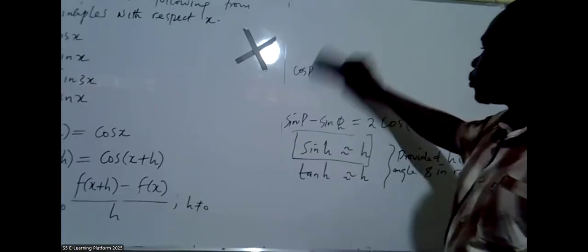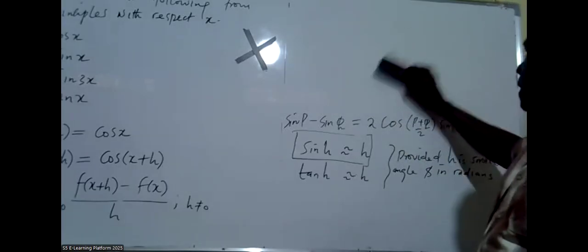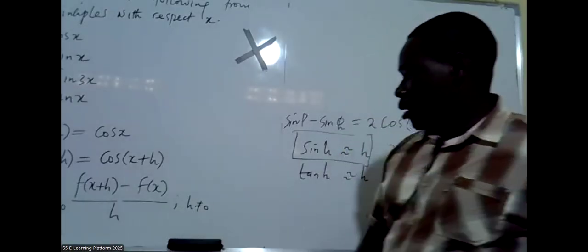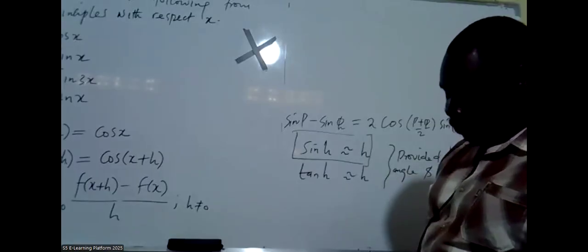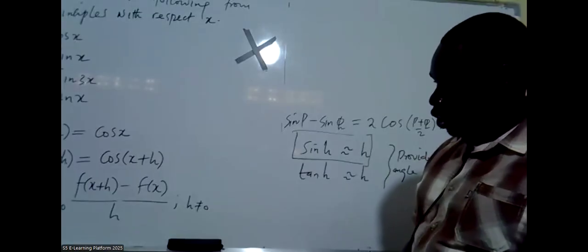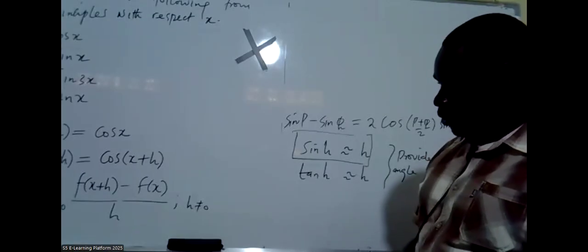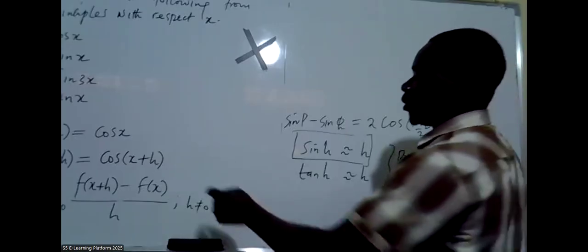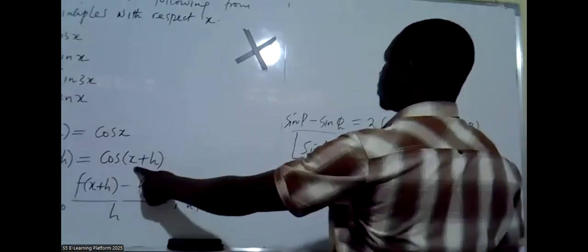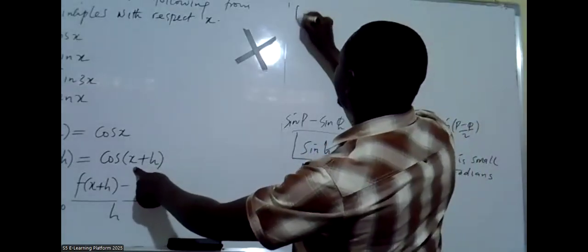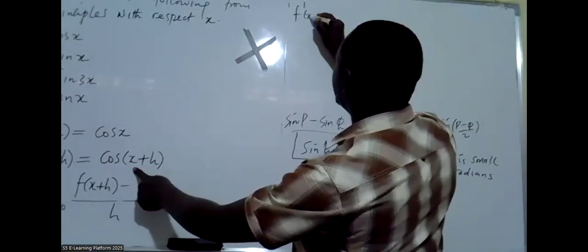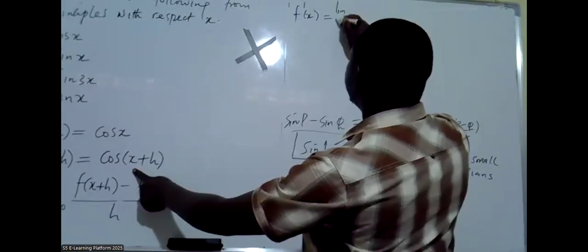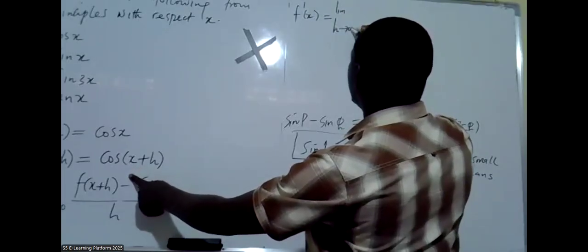Okay, if you are done, I now proceed to my formula. We said f dash of x is equal to the limit as h tends to 0 of f(x plus h) minus f(x) divided by h. Now replace your f(x plus h) with this one. So I'll have f dash of x is equal to the limit as h tends to 0.